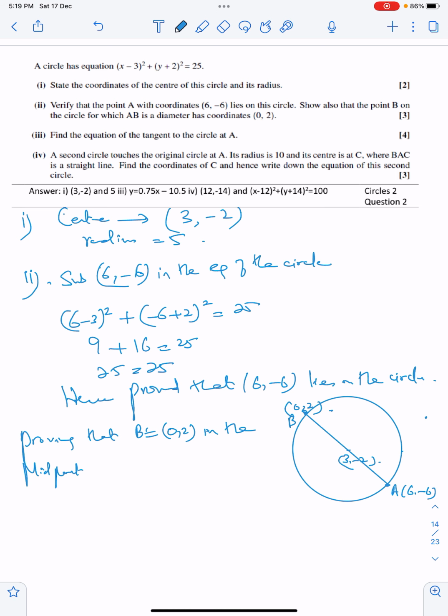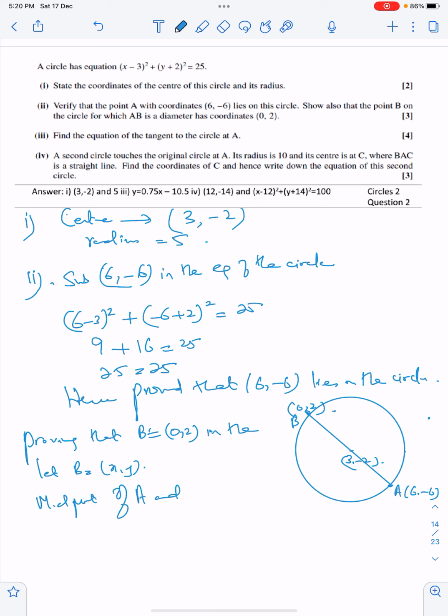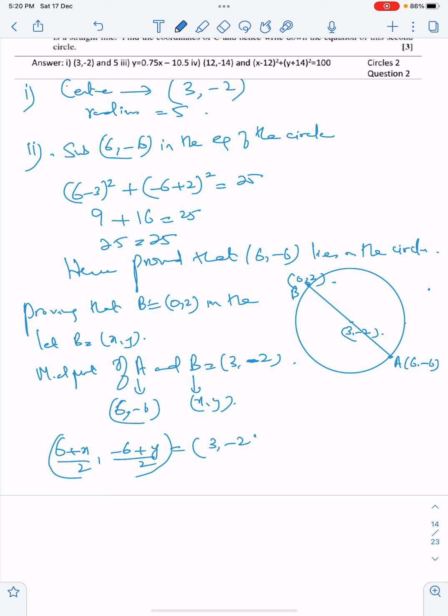In order to find the point B, let B equal x comma y, and the midpoint of A and B is 3 comma negative 2. We know the coordinate of A is 6 comma negative 6, and B can be x comma y. Applying the formula of midpoint, 6 plus x divided by 2 and negative 6 plus y divided by 2 equals 3 comma negative 2.